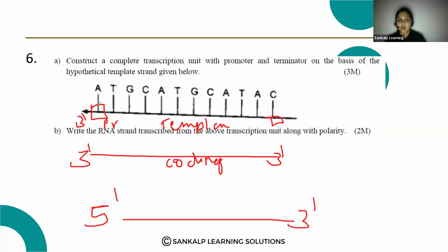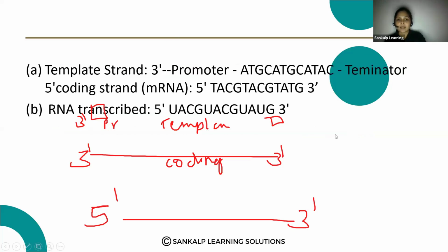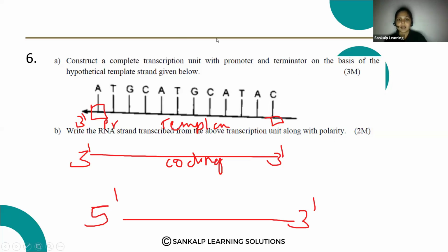So where there is adenine, what will be in the RNA? Adenine binds with uracil. Thymine binds with adenine. G, C. C, G. Uracil and G. C, C, G and adenine, uracil.